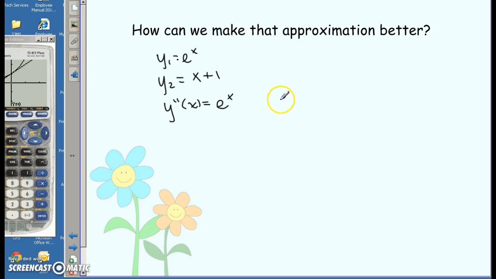And if we take that at 0, we get 1. So we've got this new part to go in. So we've got another polynomial function that we can write, which we're going to plug in for y3. And we're going to say that's 1 plus x plus half x squared.